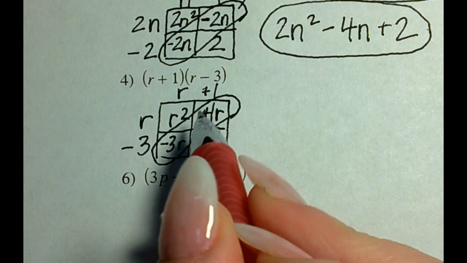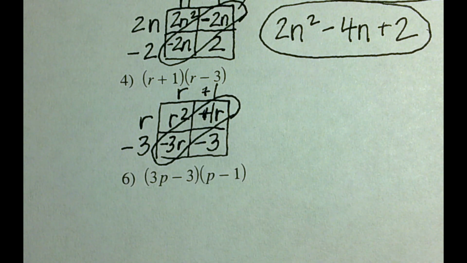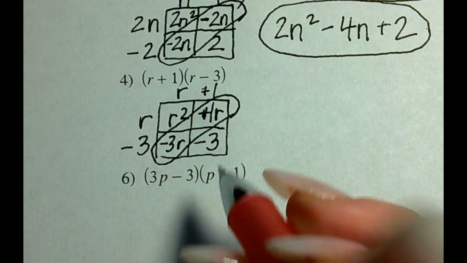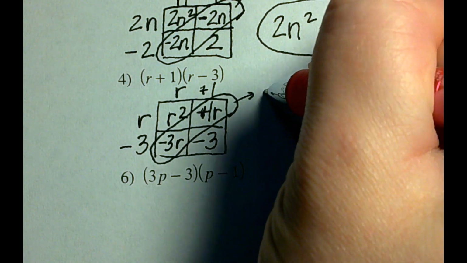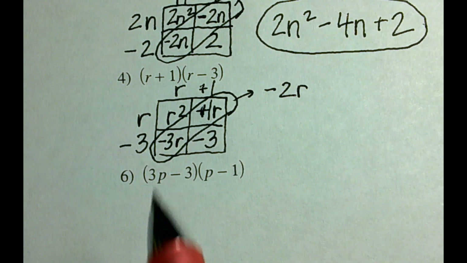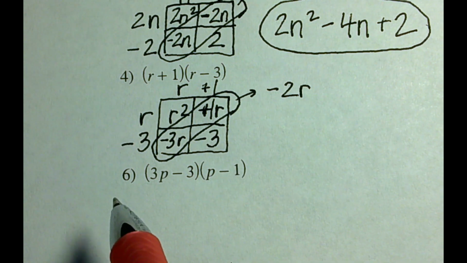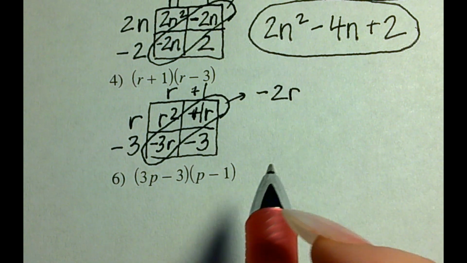What is -3 plus 1? 2. Hold on. 2 is the correct number, negative. -2R. Good. -2R. That's our middle term.